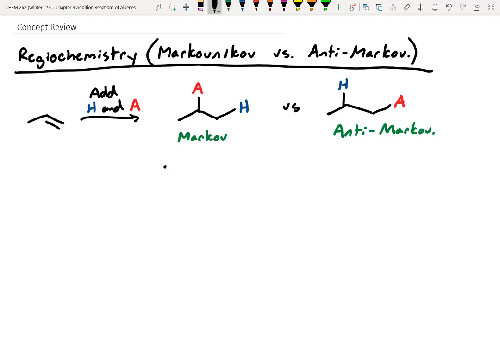The first one was hydrohalogenation. That was the reaction where we did HBr. No peroxides, nothing like that to mess with it. If we had peroxides, we could do anti-Markovnikov.